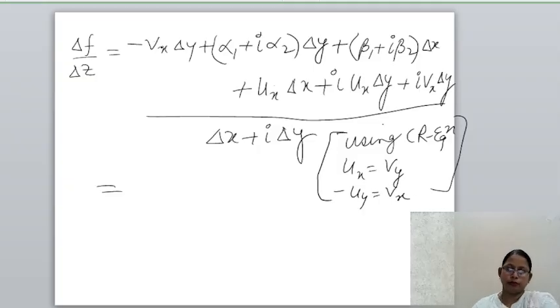So here uy is replaced by minus vx, and here it is vy, so it is replaced by ux. So in the next step, this and this.